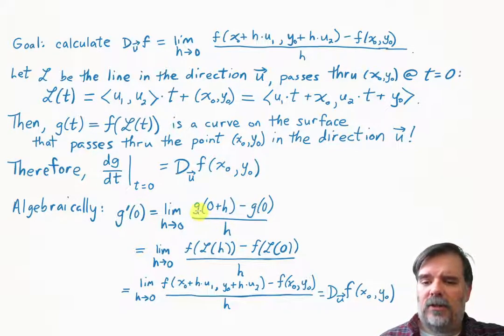We can replace the function g with the function f of L. So here we have f of L of h replacing g of h, and f of L of 0 replacing g of 0, still divided by h. What is f of L of h? That's exactly what we're trying to calculate. And what's f of L of 0? L of 0 is x naught, y naught, which is exactly what we're trying to calculate. So this works out very well.